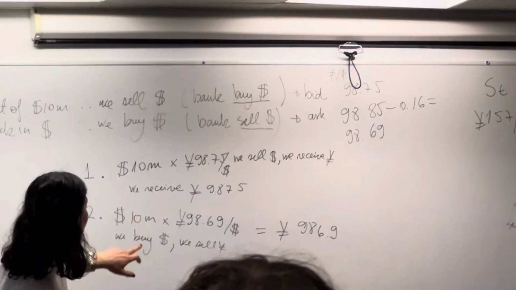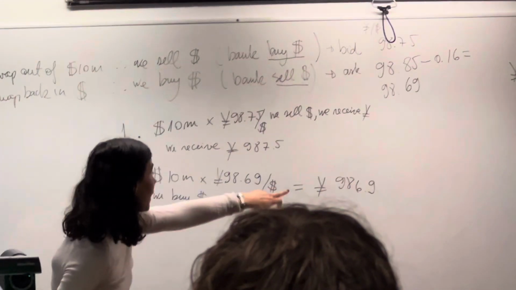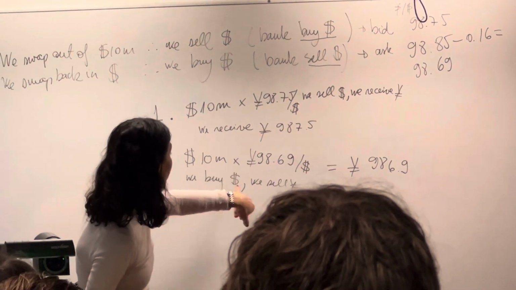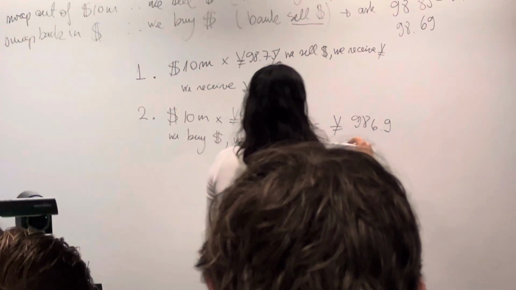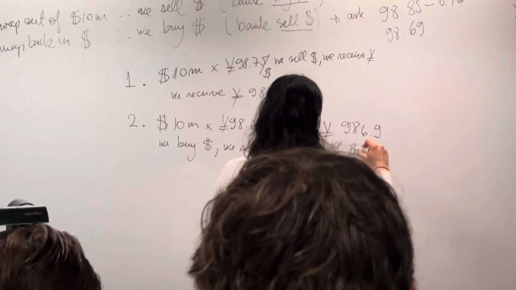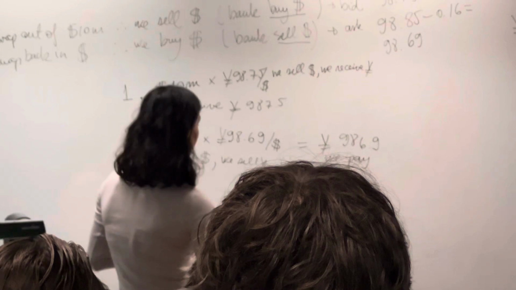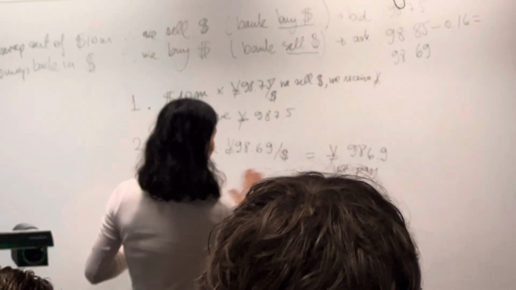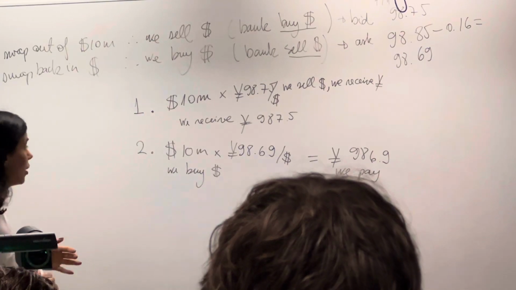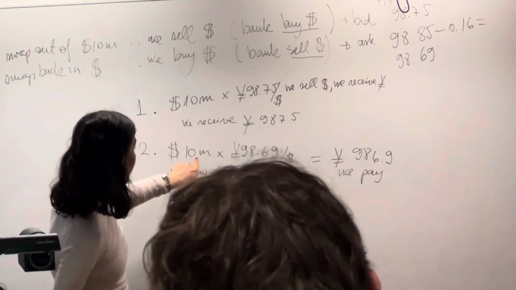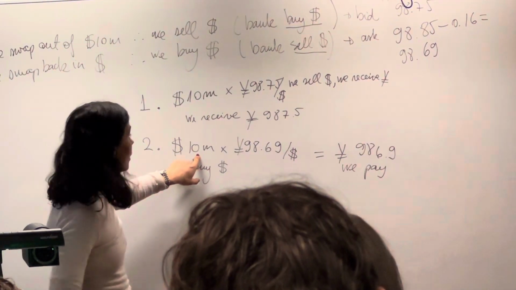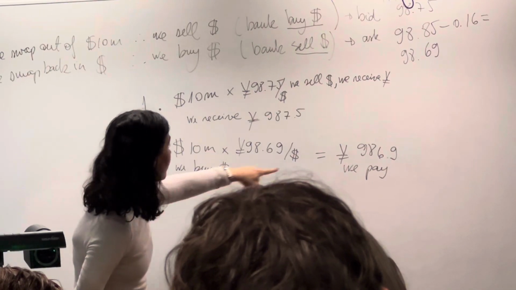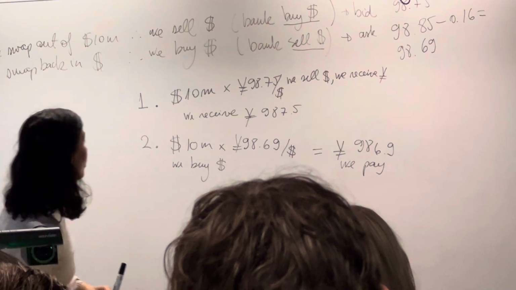Now we buy dollars and we pay. So we buy our dollars back, and this is what we pay in yen. If you want to be less confusing, we buy our dollars back, the same notional amount, the same pen, but now it seems we pay 986.9.